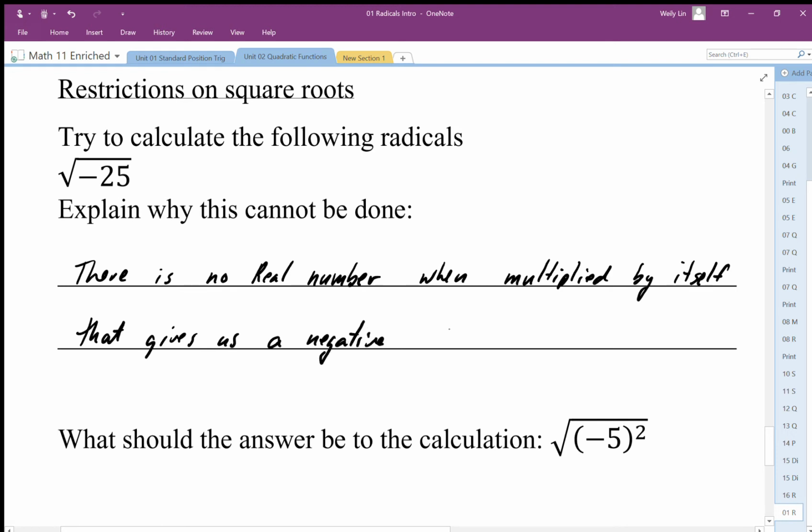Positive times positive equals positive. Negative times negative gives us positive. Another way we can say this is there is no number squared that is negative.